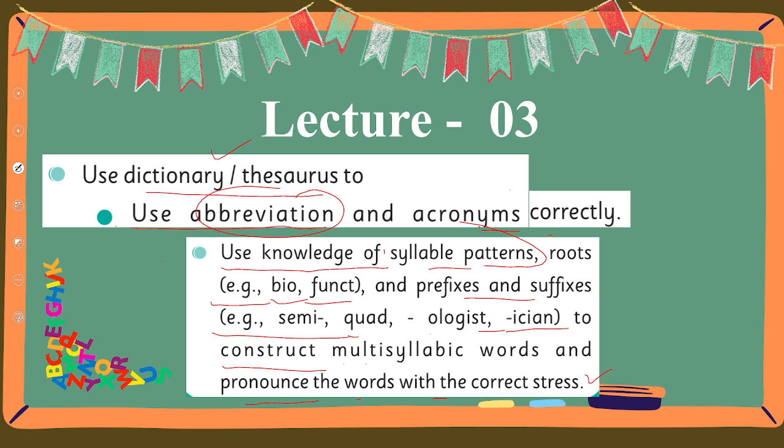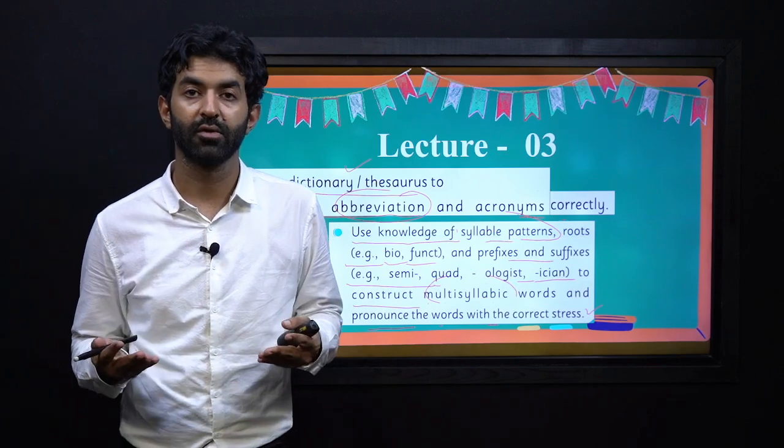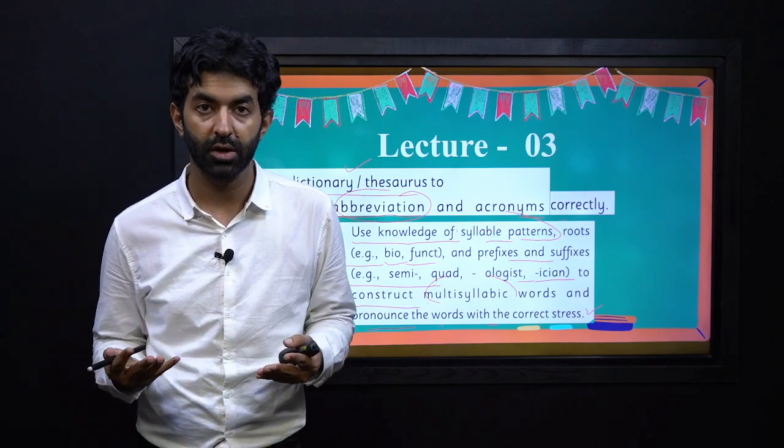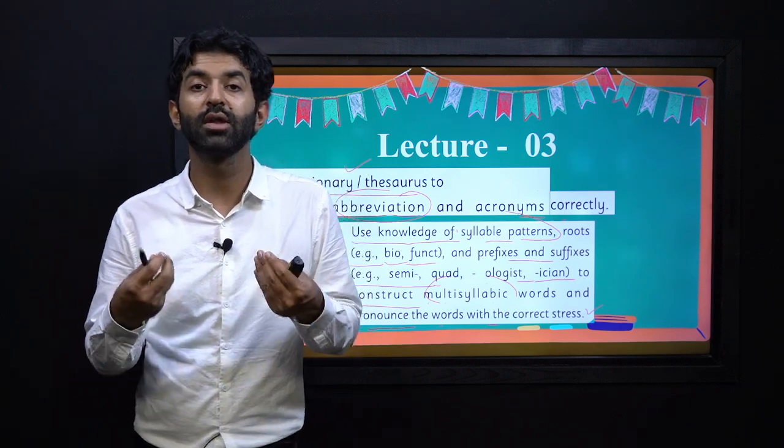We break down a word into different syllables. There are different syllable patterns which we have talked about, and we will see what root words are, how we can add prefixes and suffixes to these root words to create multi-syllabic words. Words with more than one or two syllables are called multi-syllabic words. Not only are we going to make them, we are also going to pronounce them correctly.